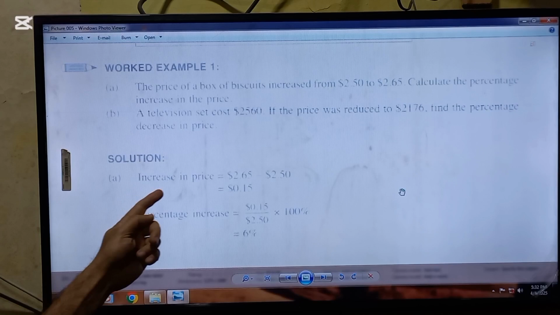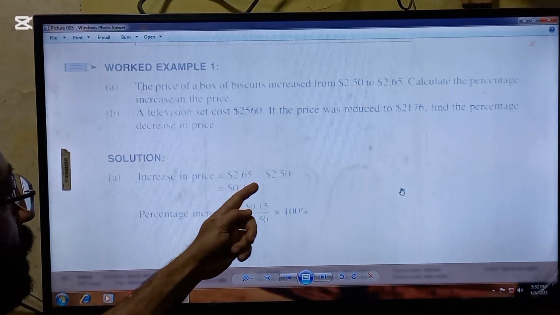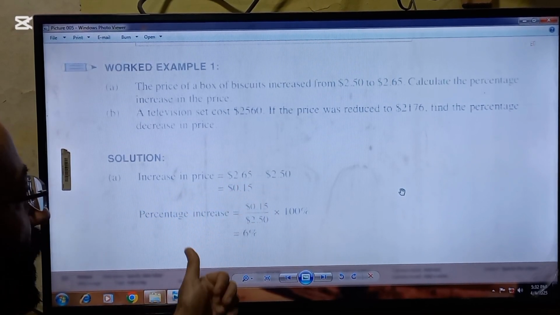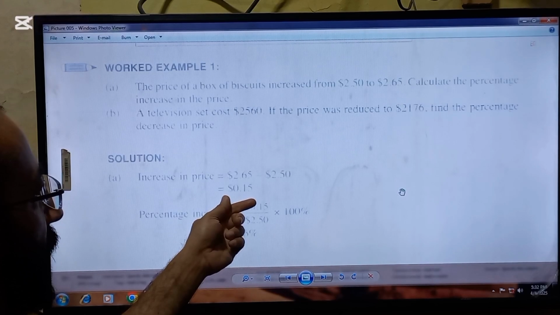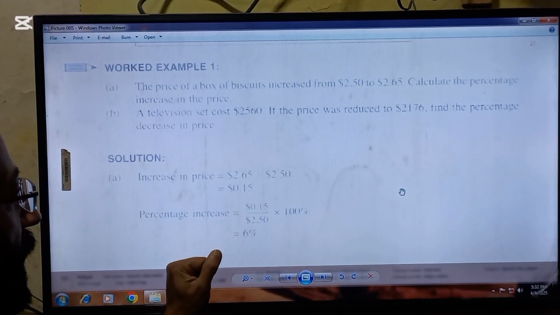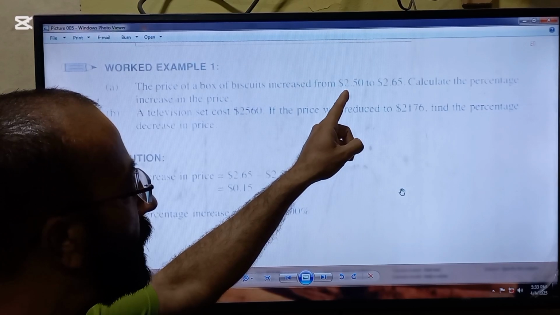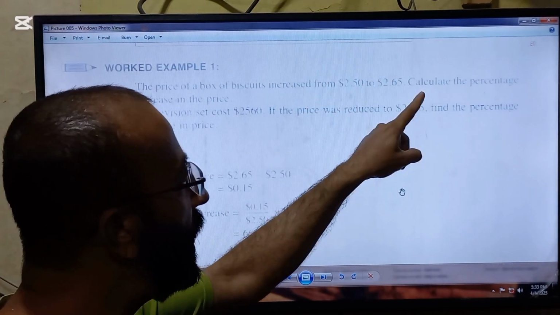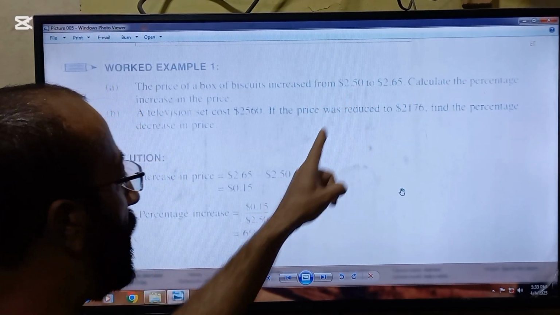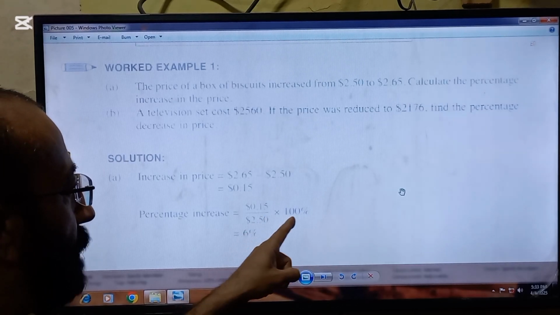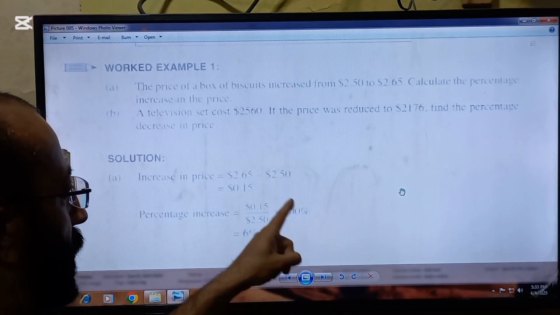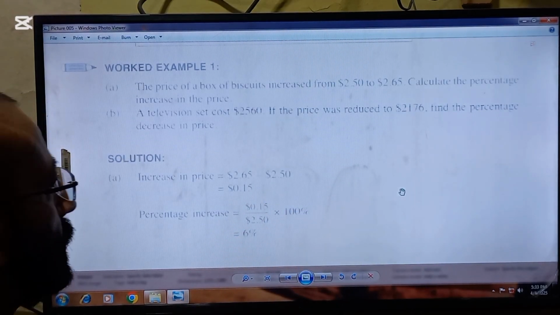So the increase in the price is 2.65 minus 2.50, that is 0.15. This increase, according to the formula, will be put in the numerator, and the original price, because from here to here the price changed, will be put in the denominator, multiplied by 100%. After cancellation, you will get an answer.